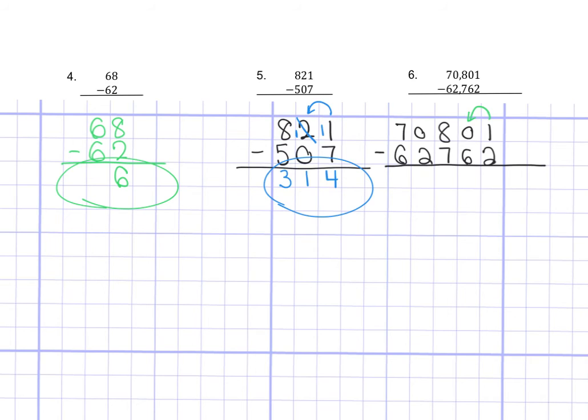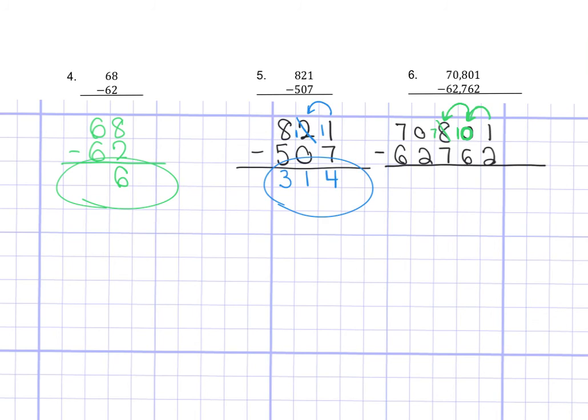All right. So we not only have to bounce here, but we have to bounce all the way here. Okay. So we have to bounce 2 columns over. So we make the 8 a 7. And we add the 10 to the next column. So 0 plus 10 becomes 10.